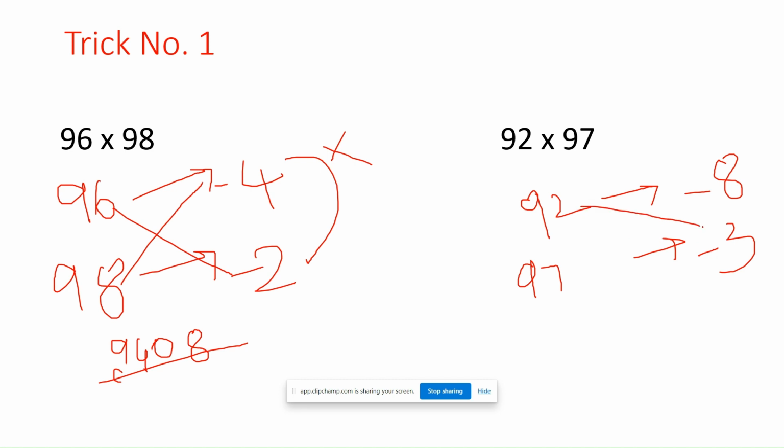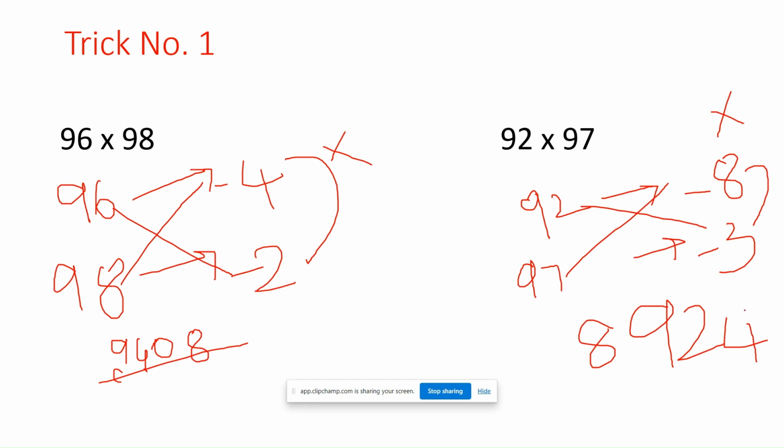Now 92 minus 3 is how much? 89. Either this way also you can do it: 97 minus 8 is also 89. And then multiply. 8 threes are 24. Isn't it easy, friends?